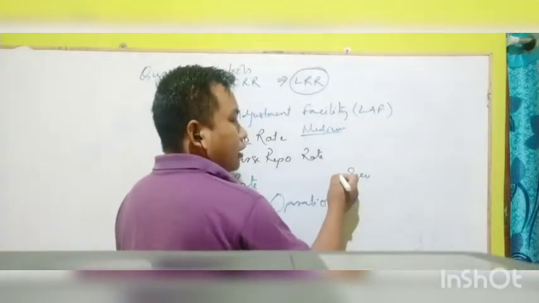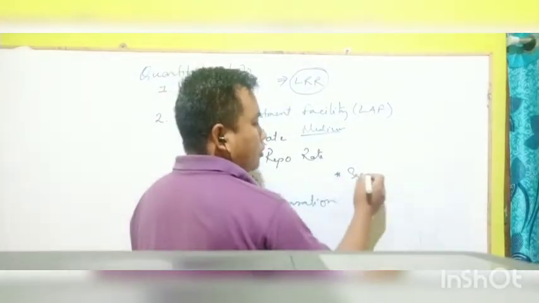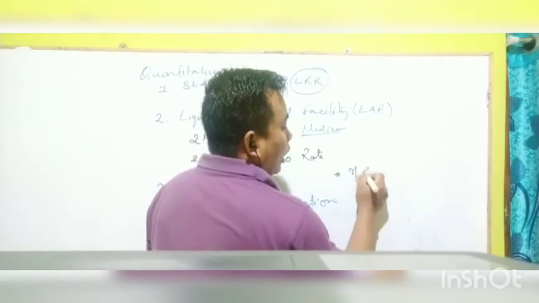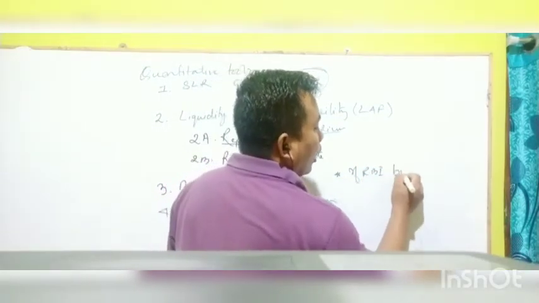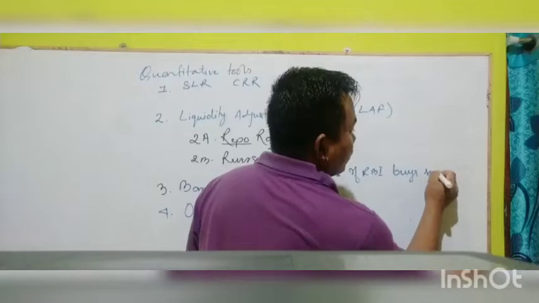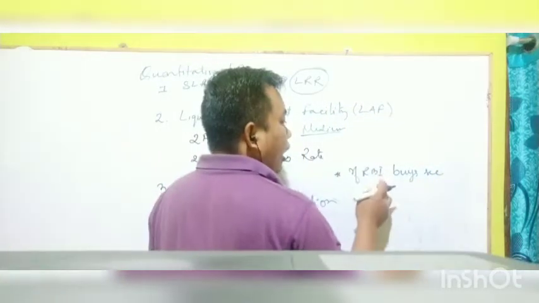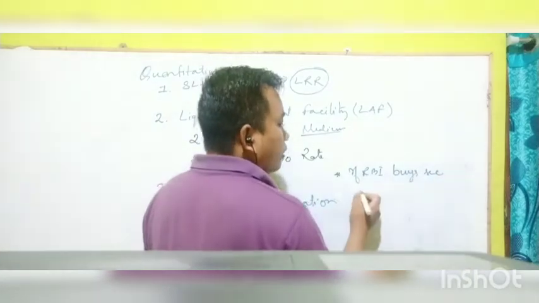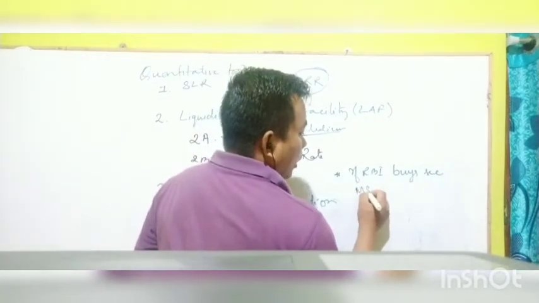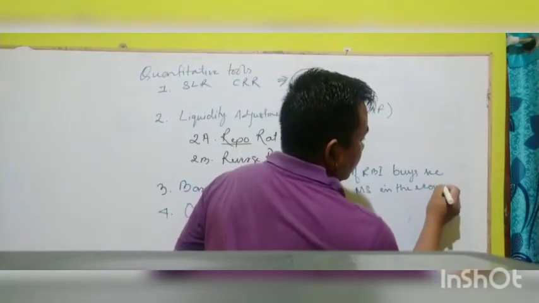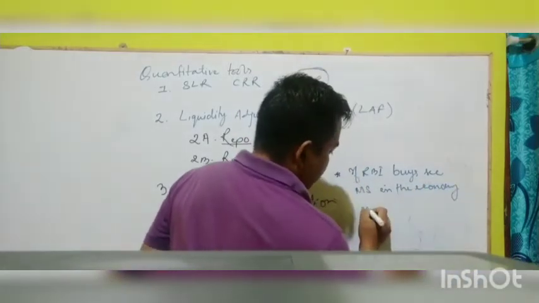Now the next point is this. If RBI buys security, then money supply in the economy increases.